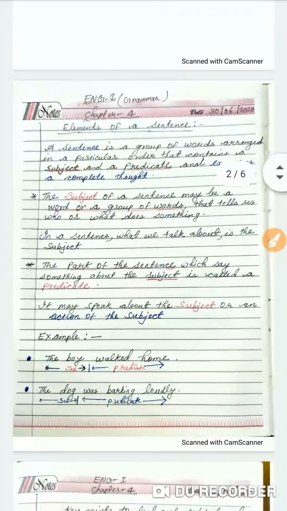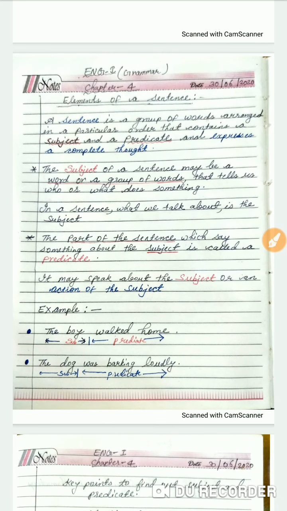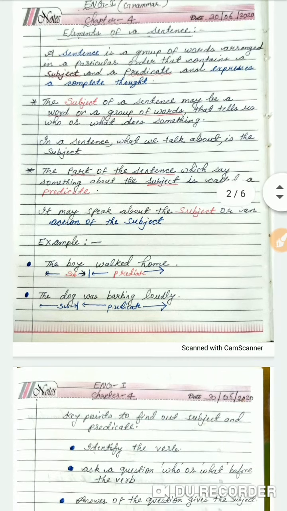So the definition of the subject of a sentence: a word or a group of words that tell us who or what does something. The subject can be either a person or a thing that we are talking about.